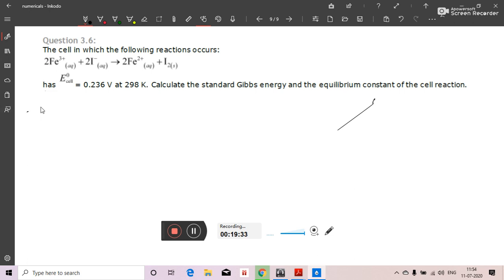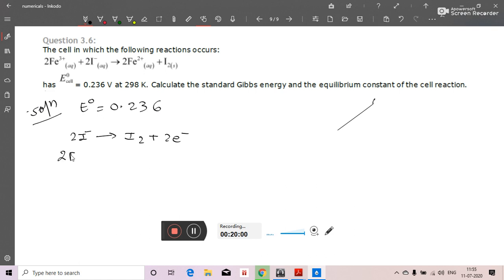So we are having E naught cell as 0.236. Now if we write down the half reactions, okay, so anodic reaction is 2I minus after losing 2 electrons from I2, and 2Fe3 plus after gaining 2 electrons will form 2 Fe2 plus.